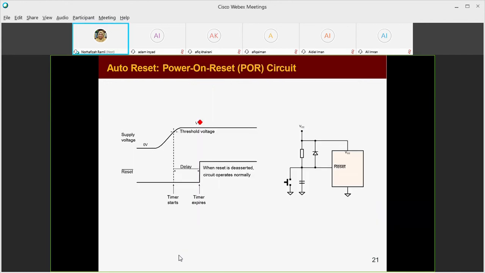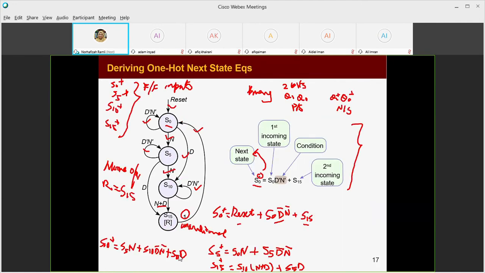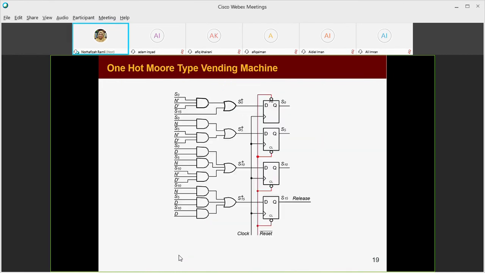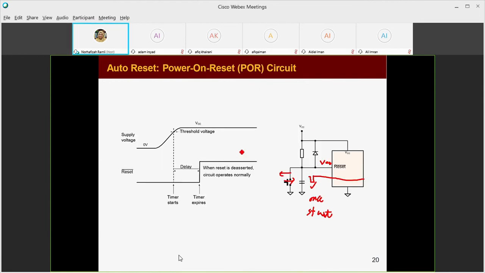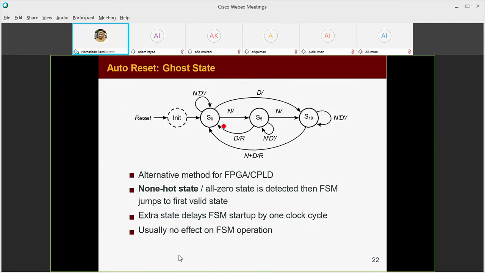In this case, you don't need this reset. There are a few ways to do the reset. The first mechanism is with this preset button. The second method is where you put an inverter to give the 0, 0, 0, 1 starting. Another one is you use a ghost state.